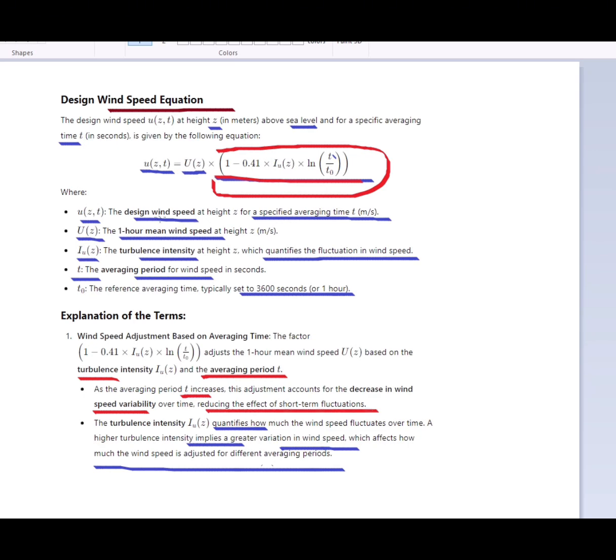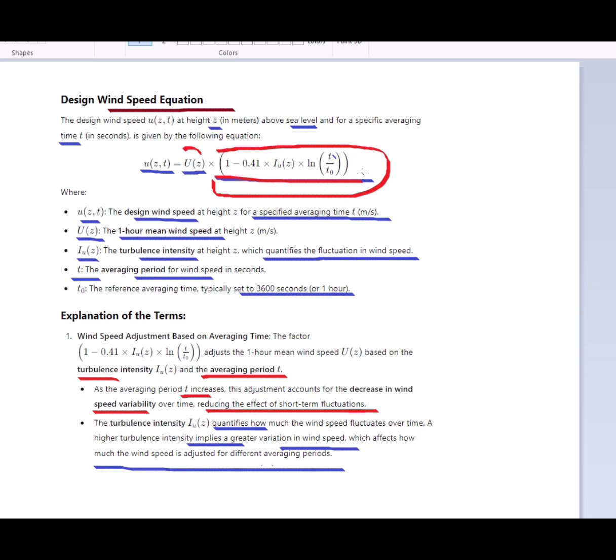So you see that there are two factors. One factor is U naught, the 1 hour mean wind speed. If the averaging period goes up, for example from 1 minute to 10 minutes or 1 hour, this adjustment accounts for the decrease in wind speed variability.